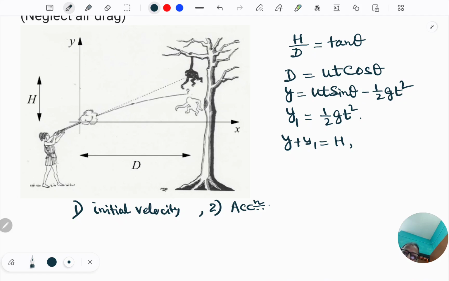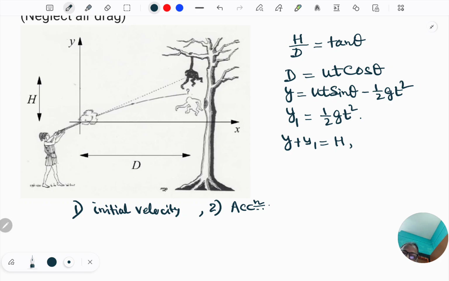When I take the ground as reference frame, ground is stationary. When I take monkey as reference frame, then monkey is stationary in my reference frame. And let me define from this reference frame of monkey the initial velocity and acceleration of the bullet.